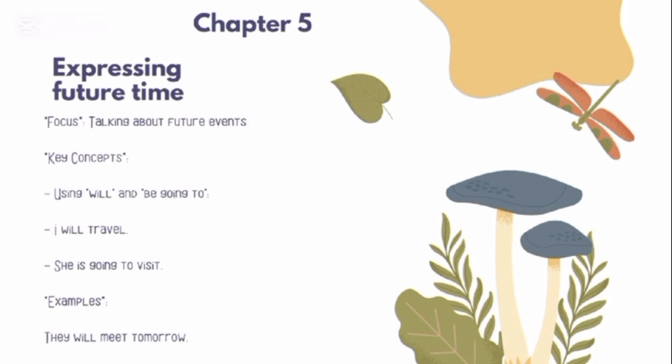For example, I will travel and she is going to visit. Will is usually used for a quick decision, but going to is always used for plans.